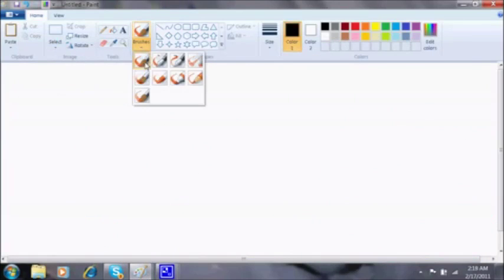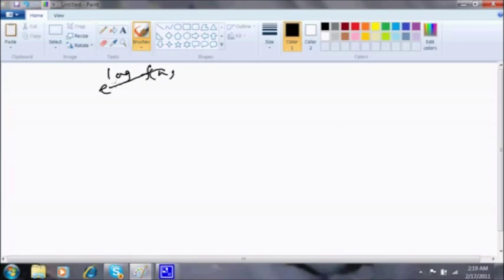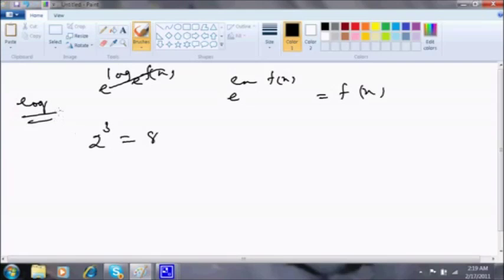And the proof that e to the power ln of f(x) is f(x) is also quite easy. Let me say 2 to the power 3 is 8. So what is log? Log doesn't have its independent existence in math.